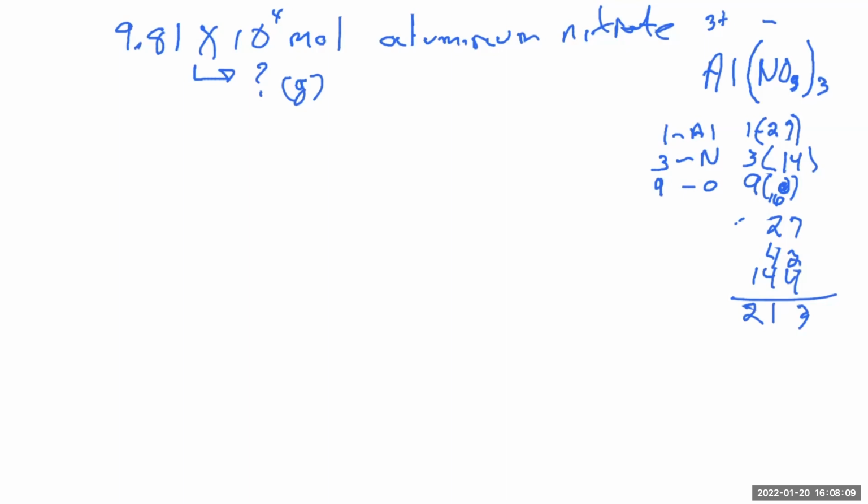So now we can solve our problem. We have 9.81 times 10 to the 4th moles. And we just calculate the molecular weight, how many grams we have per mole. So we have 213 grams per mole.